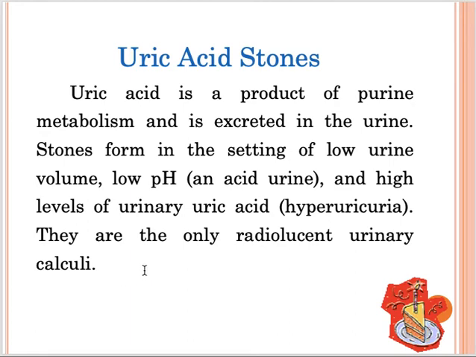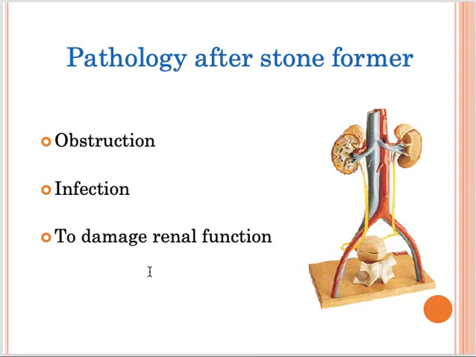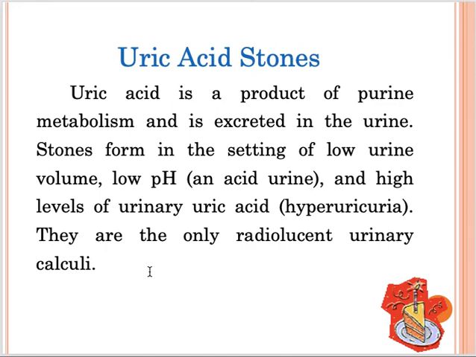So of course, they cannot be seen on the X-ray. So that's the reason CT scan is one of the things. Okay, so now they found a lot of factors which can produce stones.